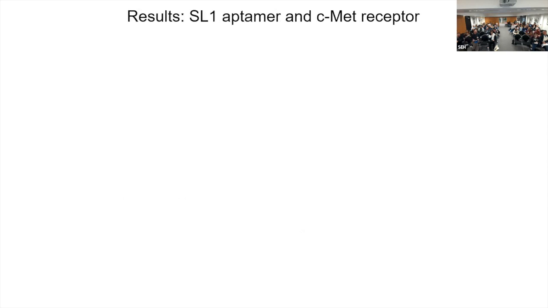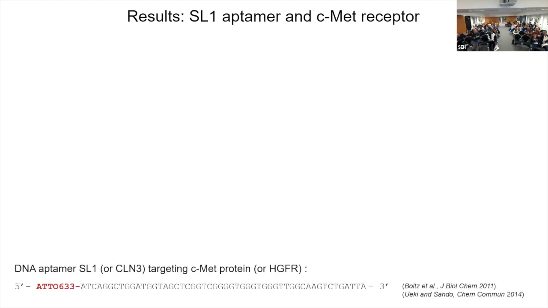I will show you now a few results in a case study. We studied a previously known aptamer. I call it SL1, but it is also known as clone 3, and it is an aptamer targeting a CMAC protein.